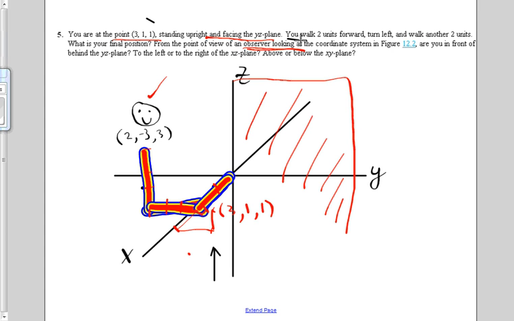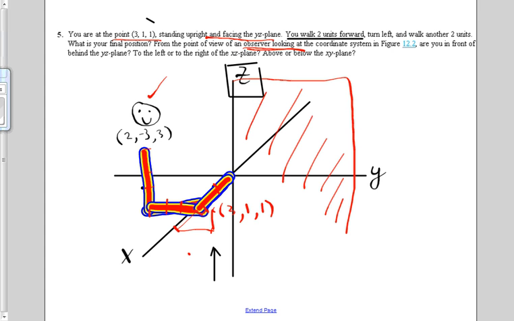And then it says you walk 2 units forward. So if I walk 2 units forward, facing the YZ plane, well, the Z is my vertical position, and the Y is my horizontal position. This will take a little bit of time for you to really capture. I'm facing the YZ plane. Z is my up and down, and Y is my horizontal position.